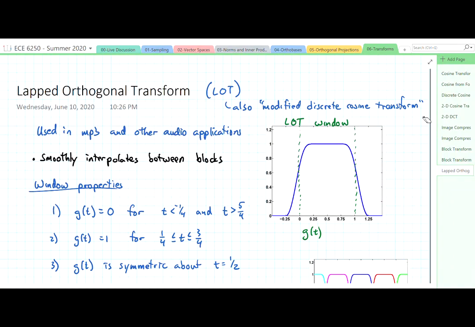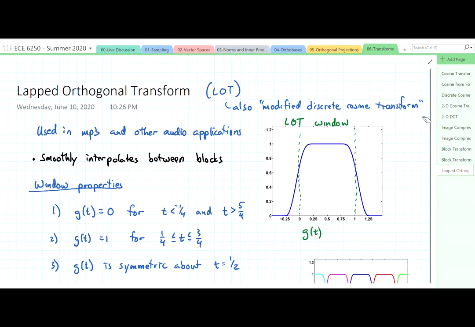But the problem comes up if you ever perturb any of the transform coefficients. And this might happen if, for example, you quantize coefficients like we did with JPEG. The result is that the signals won't line up perfectly at the boundaries.